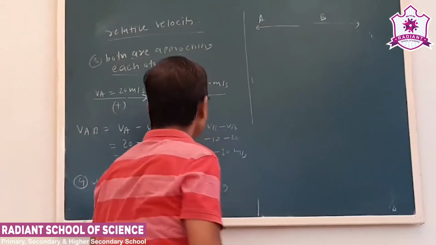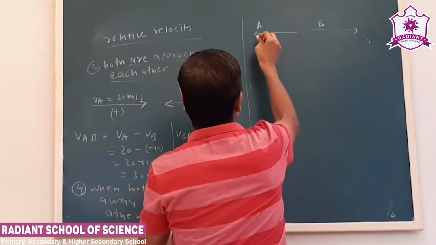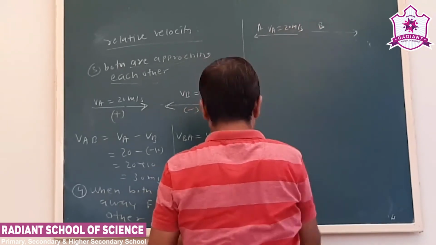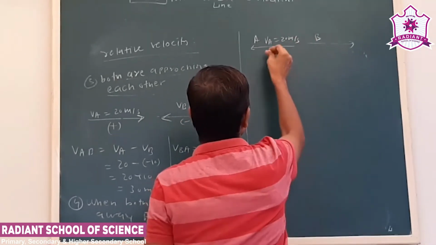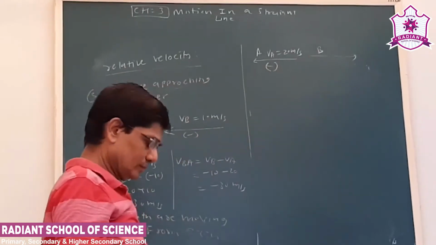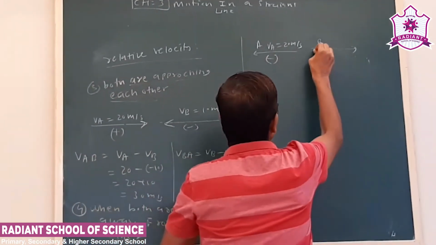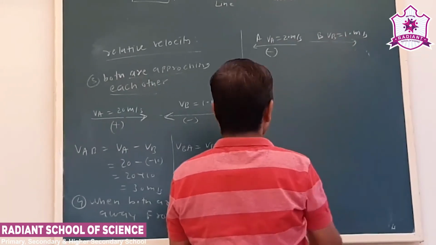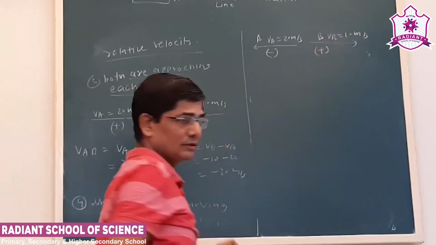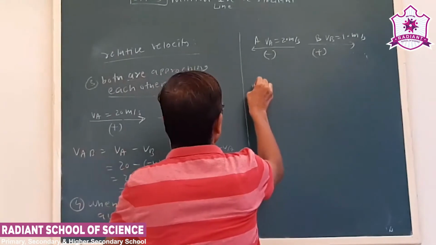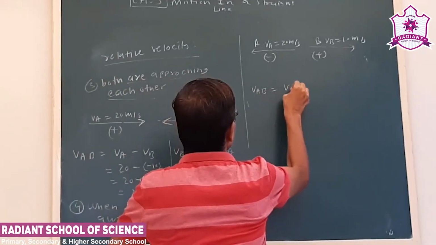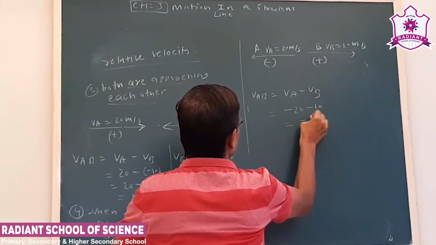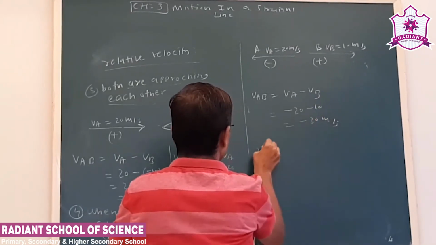Now see again by our simple calculation, VA we take 20 meter per second. Okay, again by convention, left hand side we take negative, and VB is 10, and the right hand side we take positive. So see our VAB will be VA minus VB, minus 20 minus 10, or VBA.